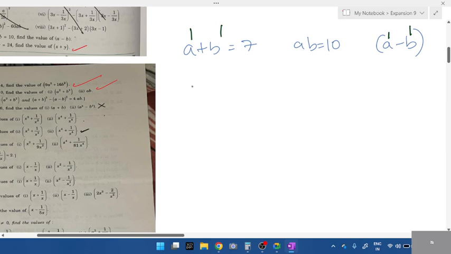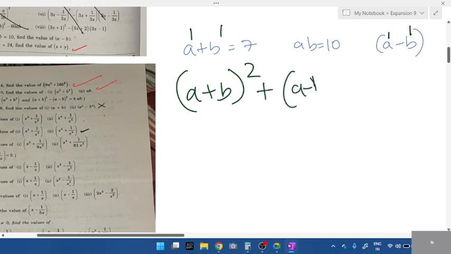Which formula did I tell you? Okay, tell me how you solve. If I take (a minus b) the whole square, what's the formula we get? Okay, tell me what are the values given?